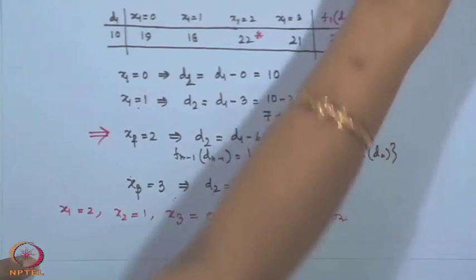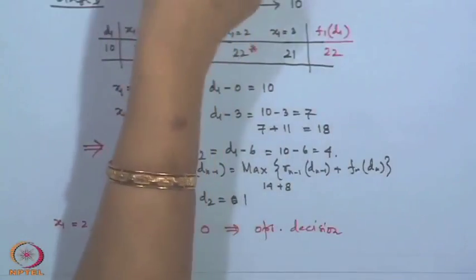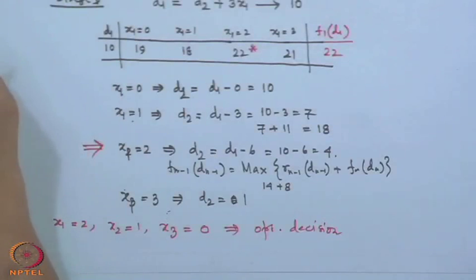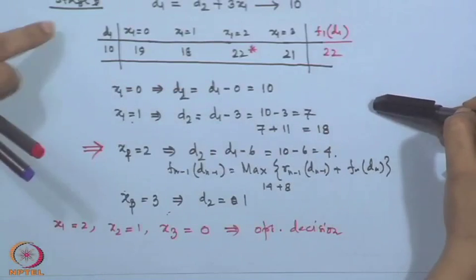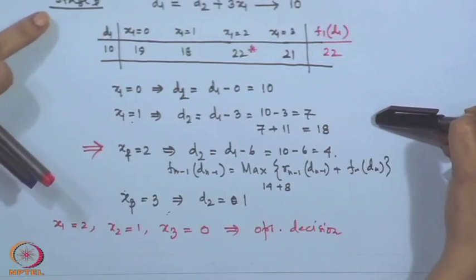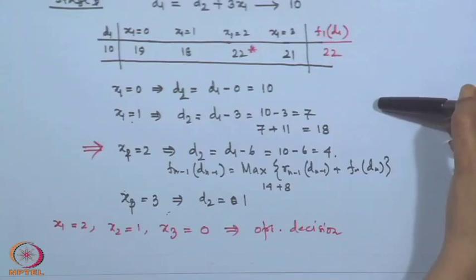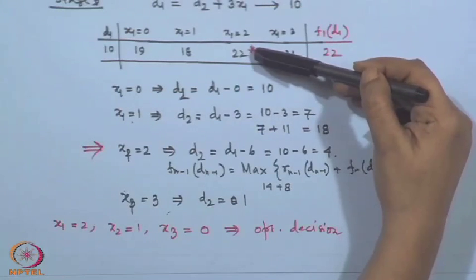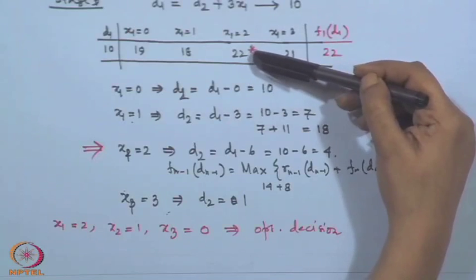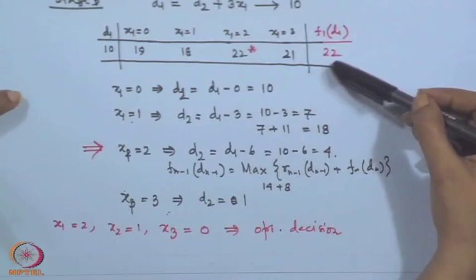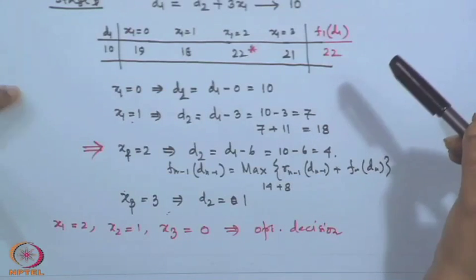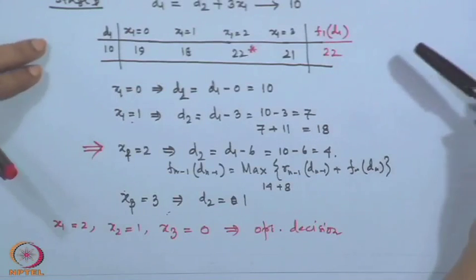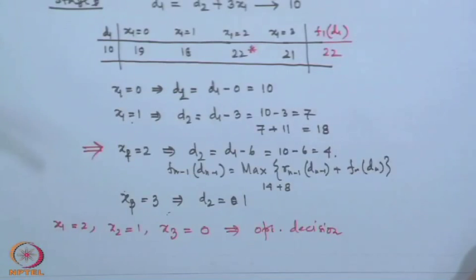I explained the process in detail because we wanted to say a few things up to this point. In every stage, if I concentrate on the last stage, the optimal objective functional value is dependent on the optimal objective functional value in the previous stage, without looking at how we reached that position.